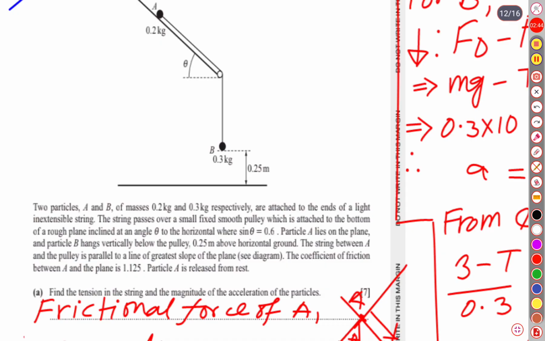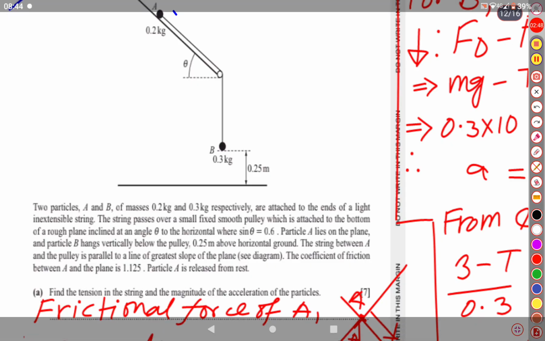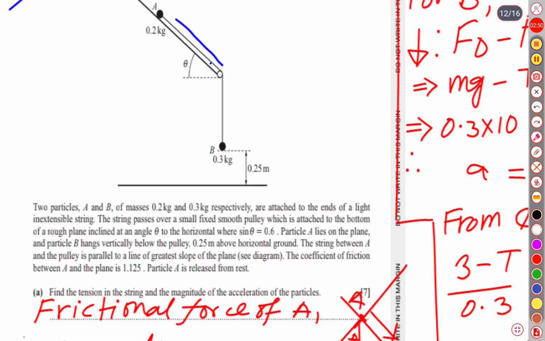The plane on which particle A is placed is rough, and B is just 1.25 meter above the ground. The coefficient of friction between A and the plane is 1.125.